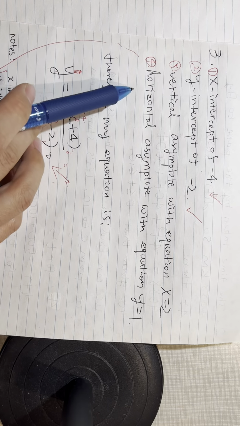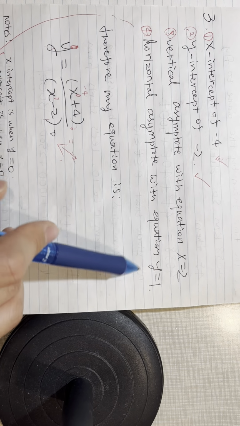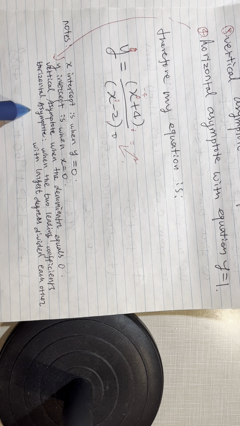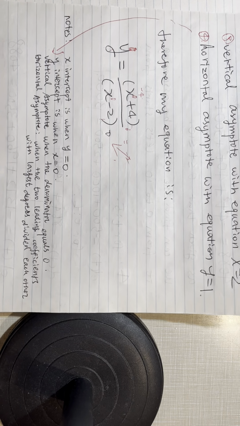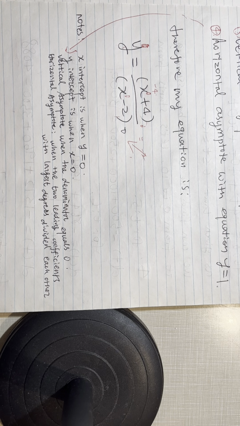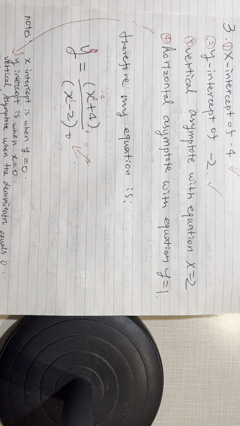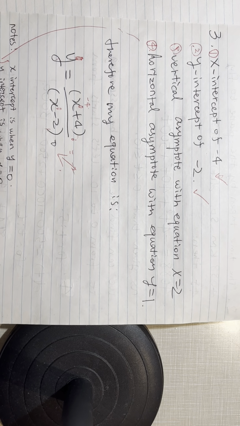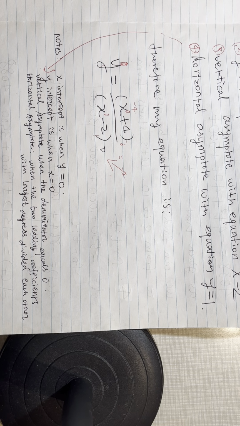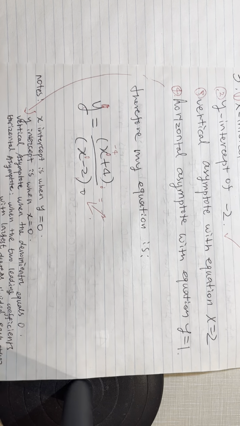And lastly, the horizontal asymptote with the equation y equals 1. We know the horizontal asymptote comes from dividing the two leading coefficients of the largest degrees by each other. To get y equals 1, the result of that division needs to be 1.